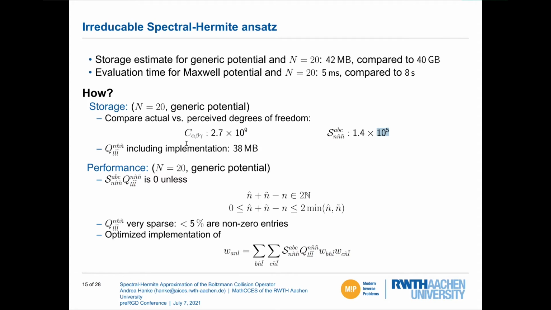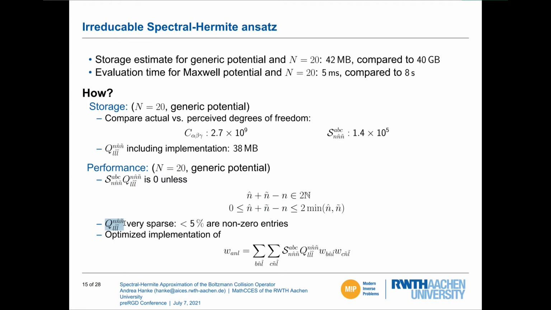Of course, that's not the full story, because we also need to store our Q. It has a storage size of somewhere around 38 megabytes. This, of course, is also related to the performance. Our coefficients S times Q is 0 unless the triple of n's meet very specific conditions here. Additionally, our Q is very sparse.